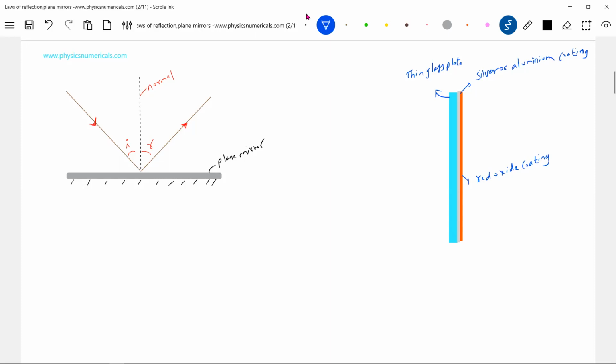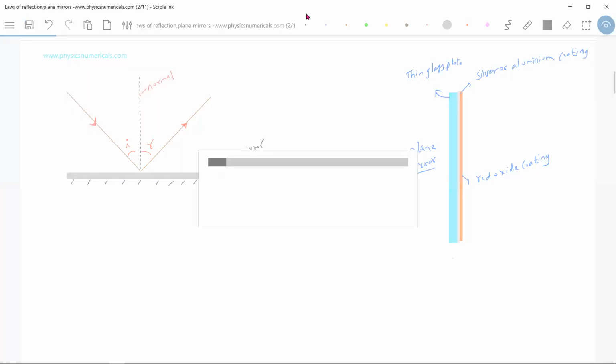So this is how the plane mirror will be manufactured. It's not a perfect reflector because some light will pass through it also. You can say about 90% is reflected here. So let's assume an ideal case, where all the light incident on the mirror gets reflected.